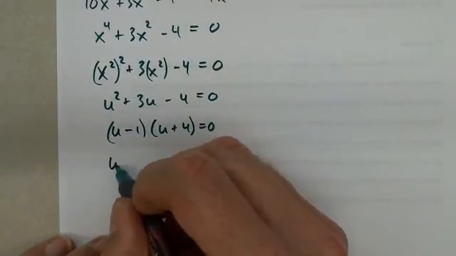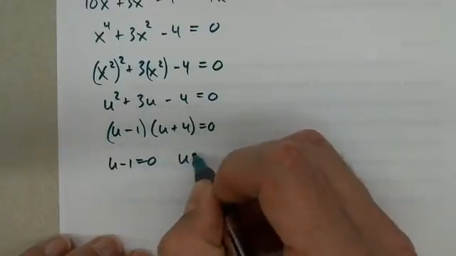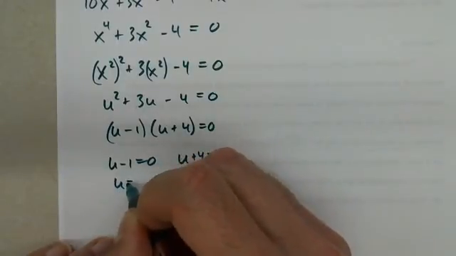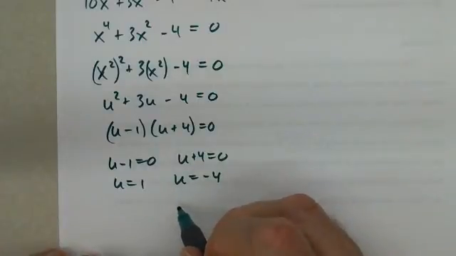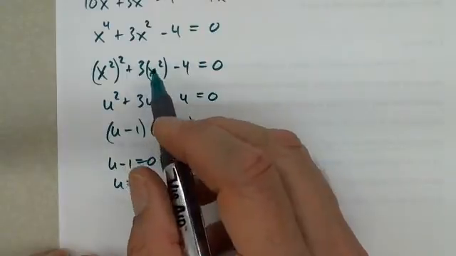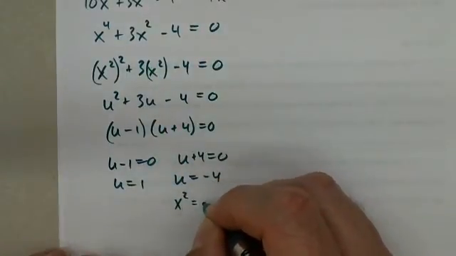So we have u minus 1 equals 0, u plus 4 equals 0, u equals negative 4. And u is replaced by x squared. So this is x squared.